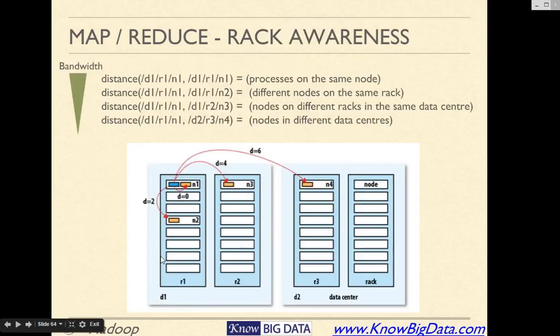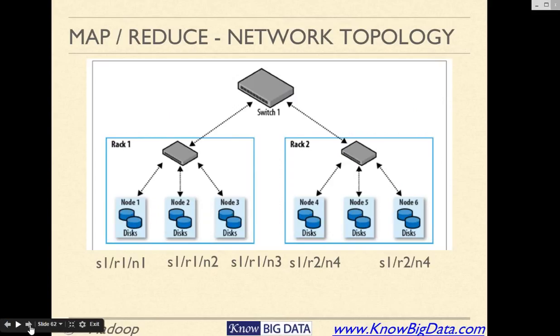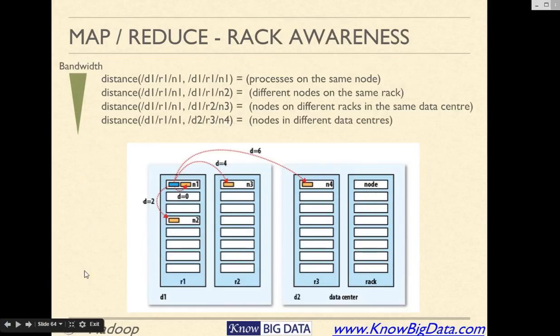So it's the same case here. See, N1 is on one node and N2 is on a different node in the same rack, right? So the entire distance is 2, because the distance from the common ancestor is 1 plus 1, which is equal to 2. So Dayanand and Vijay, did you get the point?